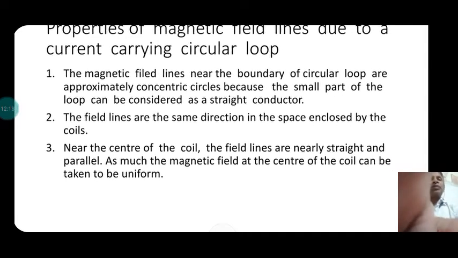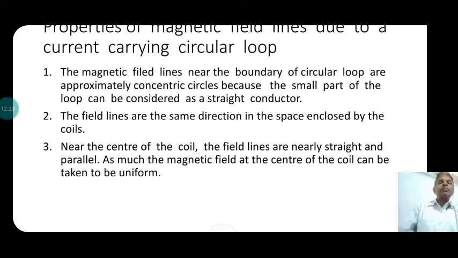These are the properties of the magnetic field produced by a current carrying conductor. Magnetic field lines near the boundary of the circular loop are approximately concentric circles, because a small part of the loop can be considered as a straight conductor. The field lines are in the same direction in the space enclosed by the coil.